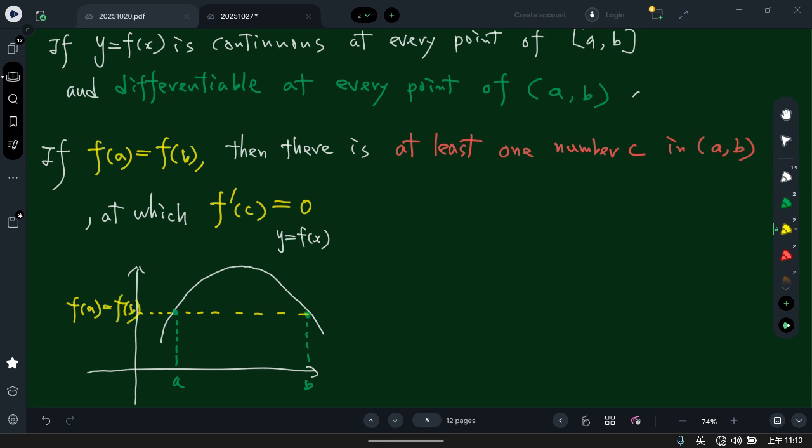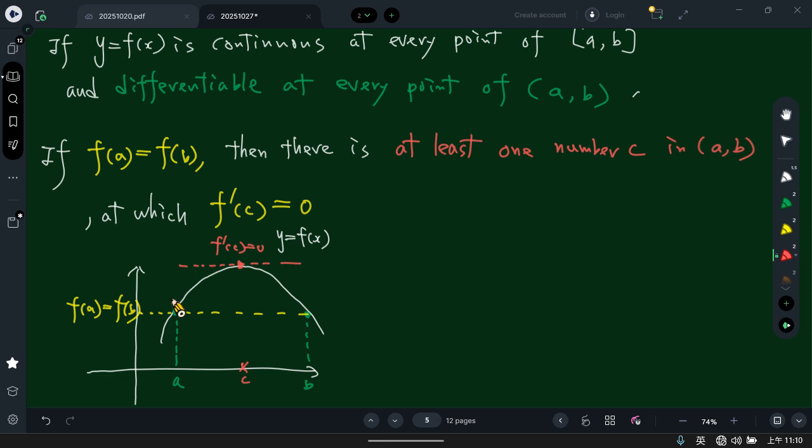So in this case, we will say at least one point C inside AB has its first derivative equal to 0. Of course, this is going up then going down.